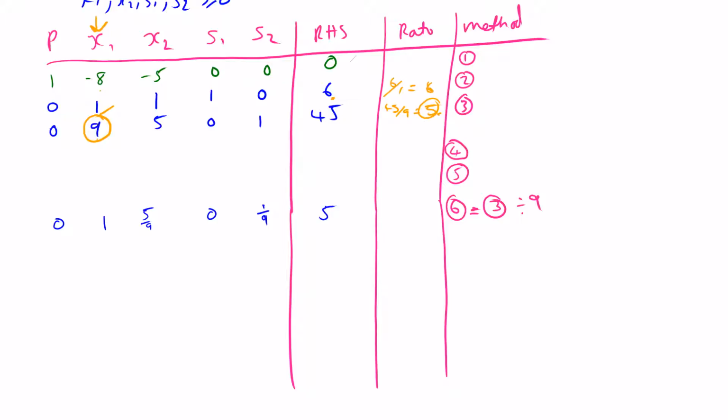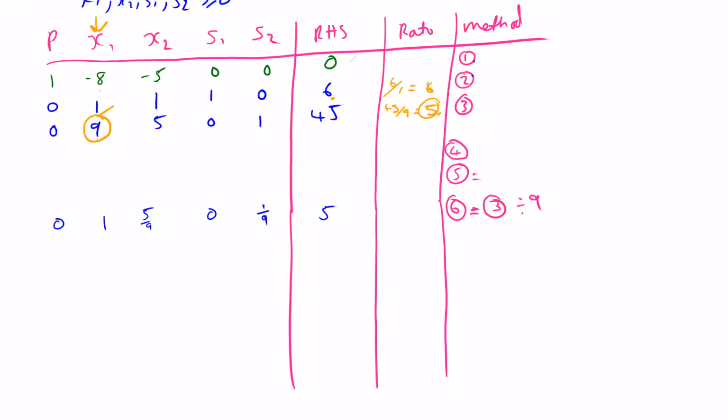Then using the pivot row, we want to make equation 1 and equation 2 have 0 in the column of x1. So we'll start with column 2, over here.